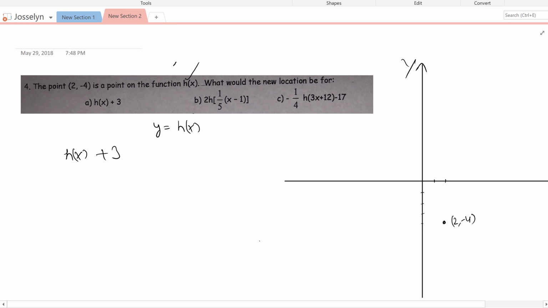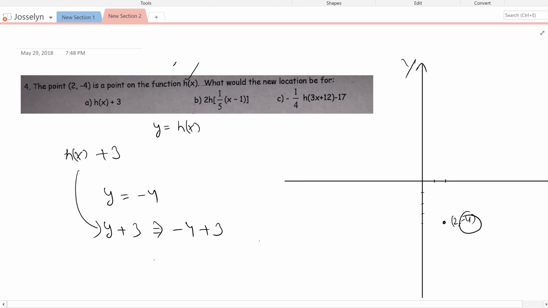This point has a y value of negative 4, so we add 3 to negative 4.